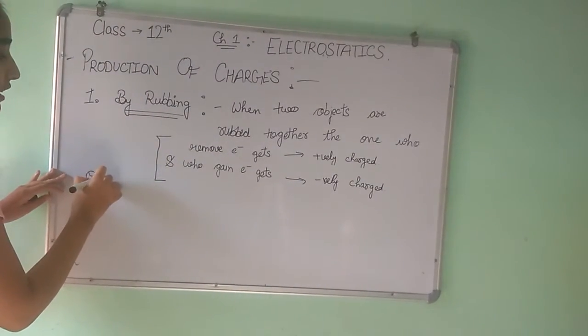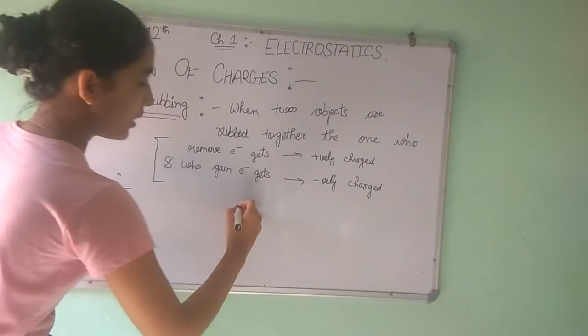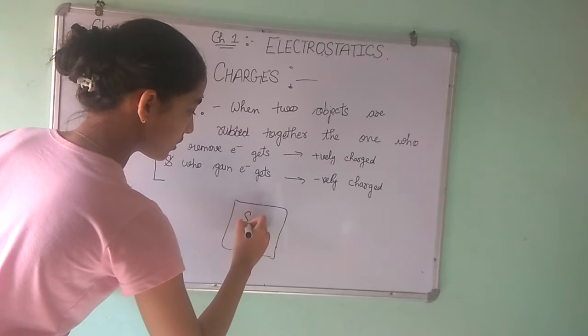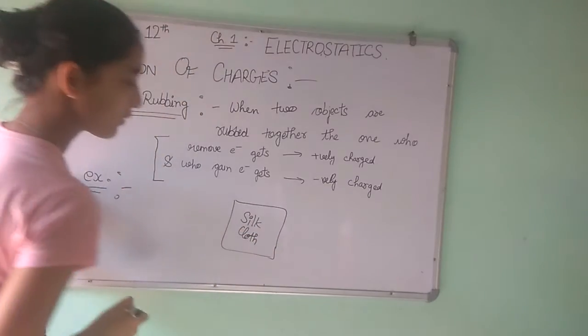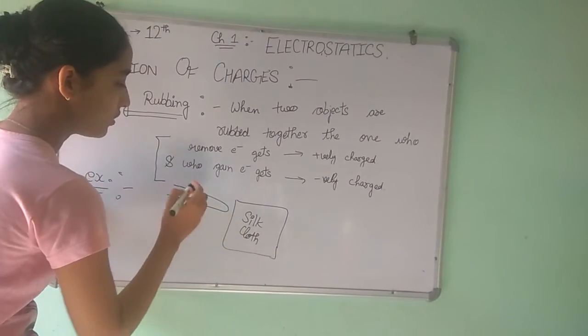Let us understand it better with the help of an example. Here we take a silk cloth, and here we take a glass rod.